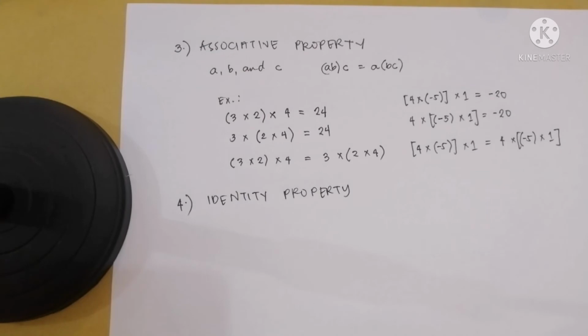Next property of multiplication is called the identity property, which states that the product of an integer and 1 is the integer itself. So 1 here is the identity element for multiplication. Earlier in addition, the identity element for addition is 0. Here in multiplication, the identity element for multiplication is 1.